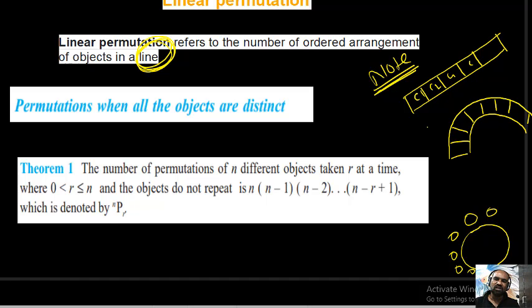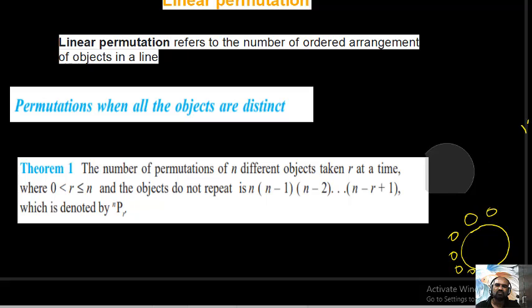This is treated as linear permutation, because I can identify the first place and last place, or the first chair and second chair position, here. That's why if your table is in this shape, the arrangement is also treated as linear permutation, as it is just arranging the objects in a row. That is the meaning here. Now circular permutation. Okay, students, listen now.